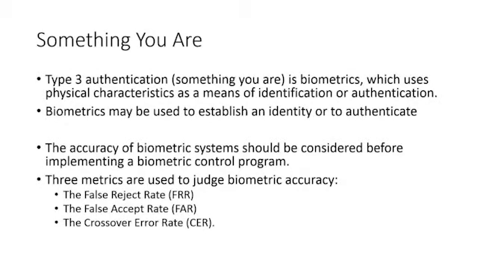That's my fingerprint. So it's identifying me and it's authenticating me because it's all in one swipe, right? No pun intended. Now, biometrics are used for establishing identity or authentication. Sometimes you have to put in a username and you use biometrics. Sometimes you do not.